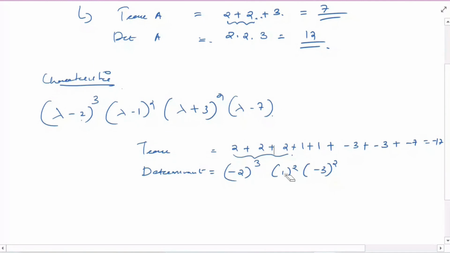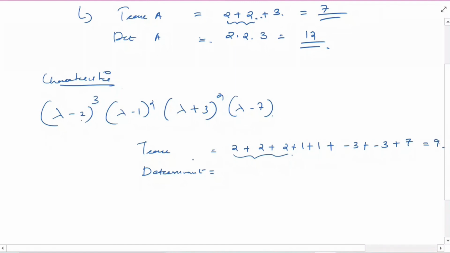So the trace will be actually 6, 8, minus 6, and it should be plus 7. So it will be 8 plus 7, which is 15. 15 minus 6, that is 9. So 9 will be the trace.